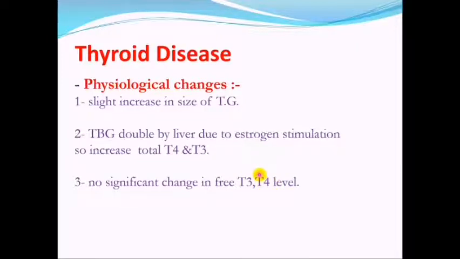Although there is an increase in the total T3 T4 under the effect of estrogen, which stimulates the thyroid gland to increase the production of T3 T4, at the same time the thyroid binding globulin from the liver also tends to increase, so the total T3 T4 remain unchanged during pregnancy.